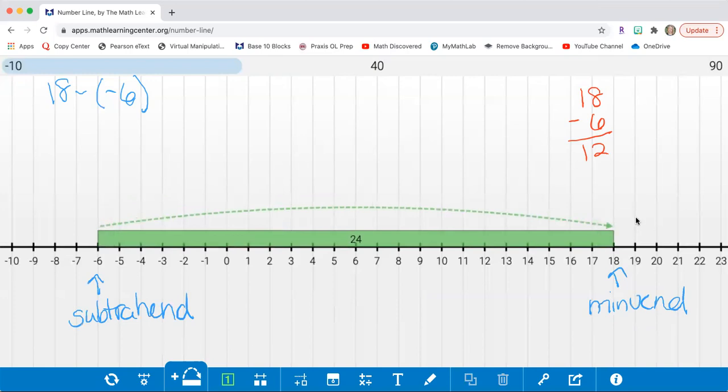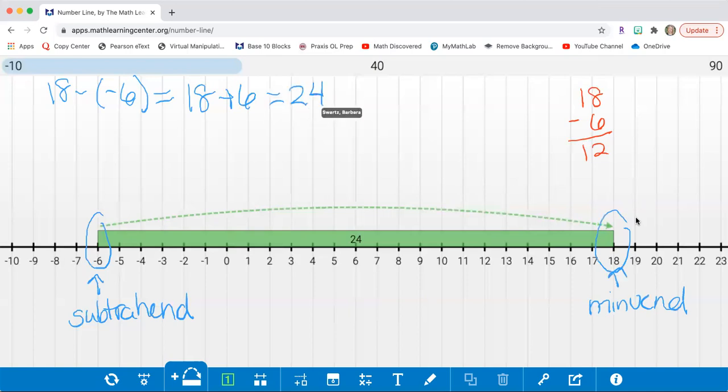Subtracting a negative doesn't automatically turn into a positive number. That's not very helpful, that doesn't make a lot of sense. The distance between these numbers is this difference.